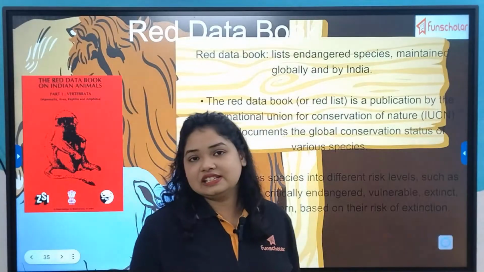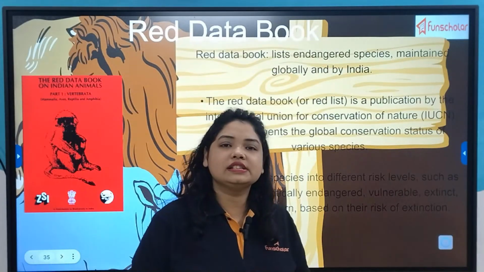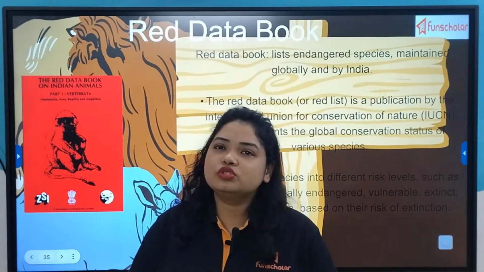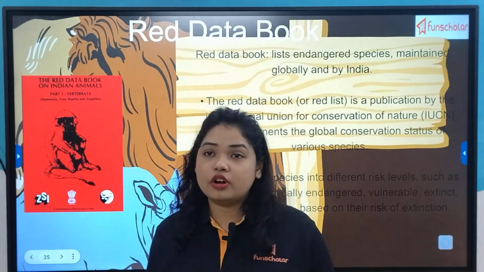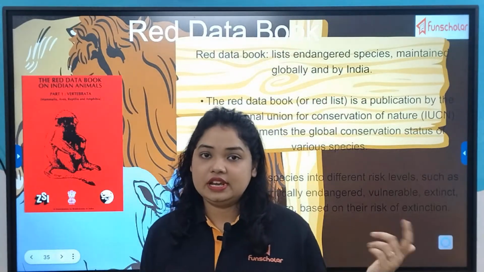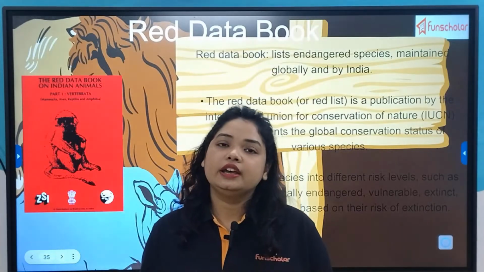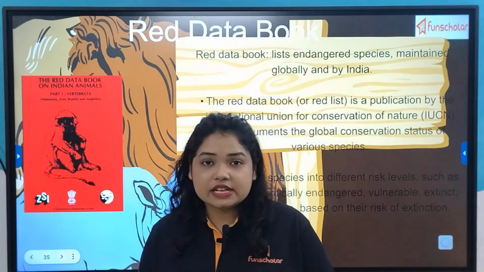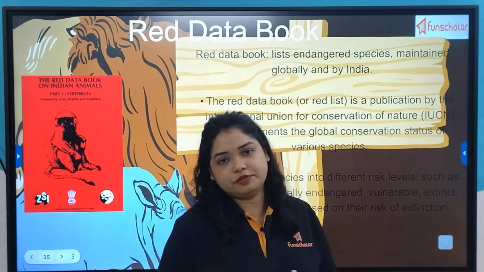Least concern means animals in and around us such as cats, dogs, cows, goats, whose numbers are far too high for them to become extinct or to be included in the list of threatened species. Together, all the categories such as endangered, vulnerable, critically endangered, extinct, are known as the threatened species.